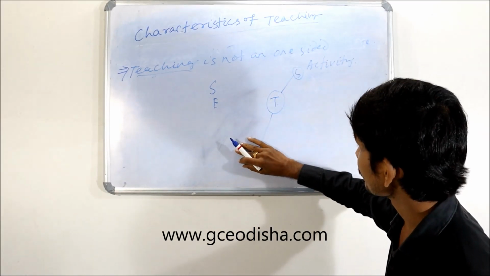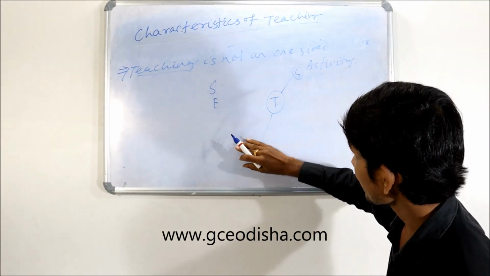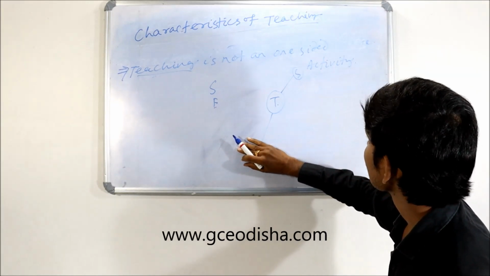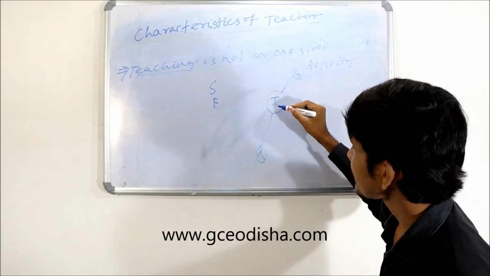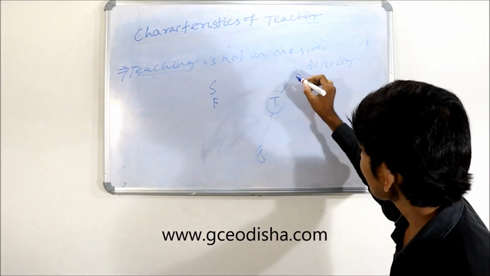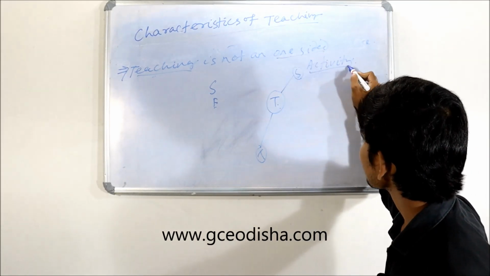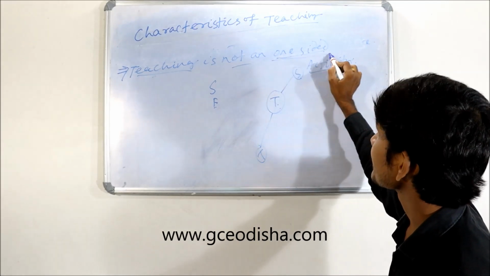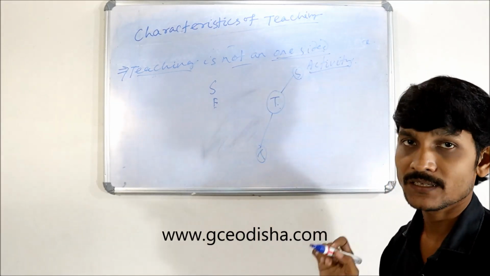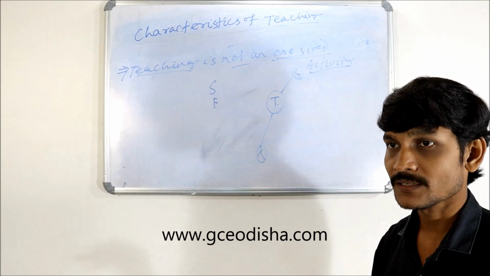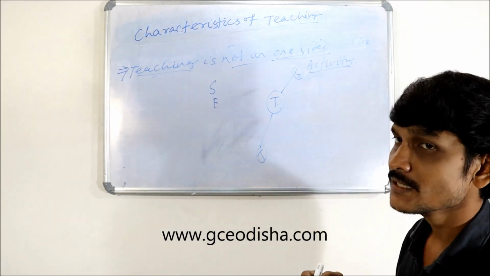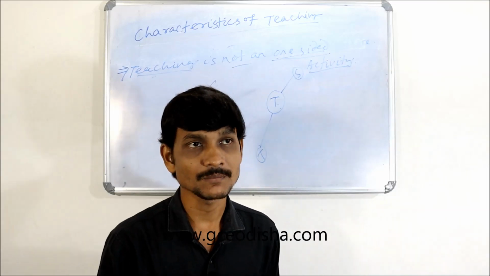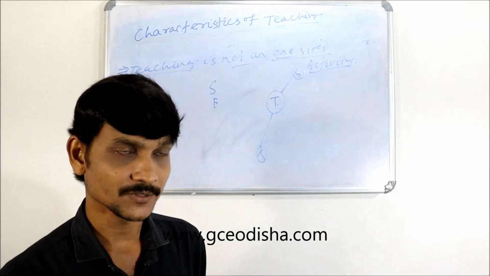If the teacher does not enter the classroom, can the student develop? Can teaching be successful? Never. So it is not a one-sided activity. Teaching cannot be provided only one-sided. Teaching needs the help of both the teacher and the student.